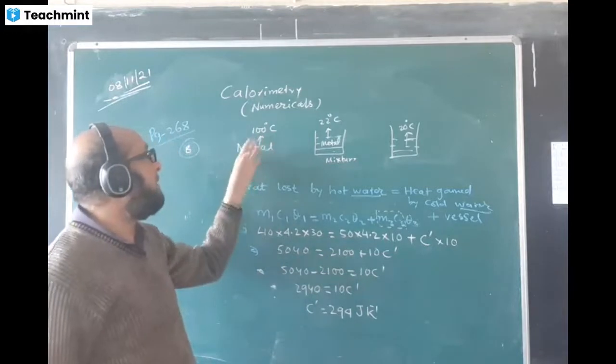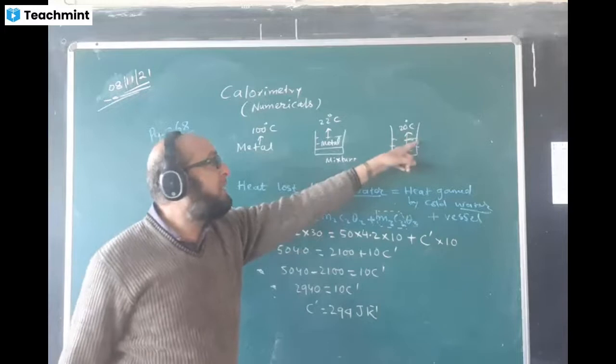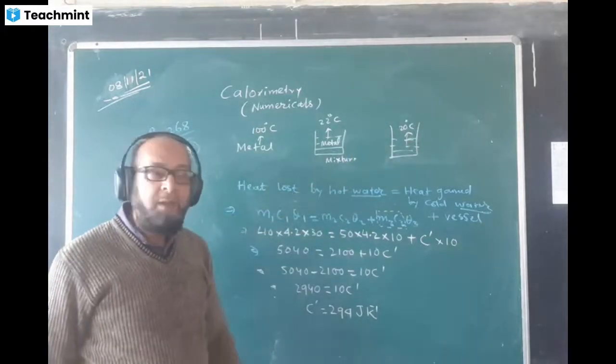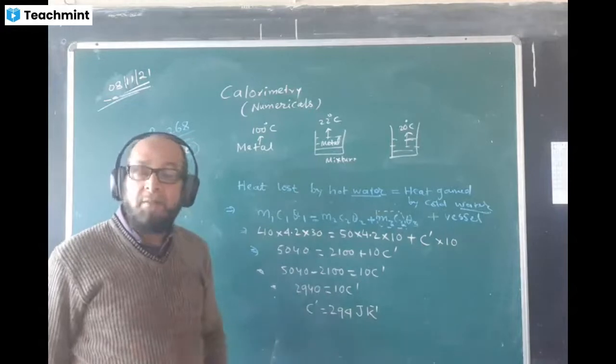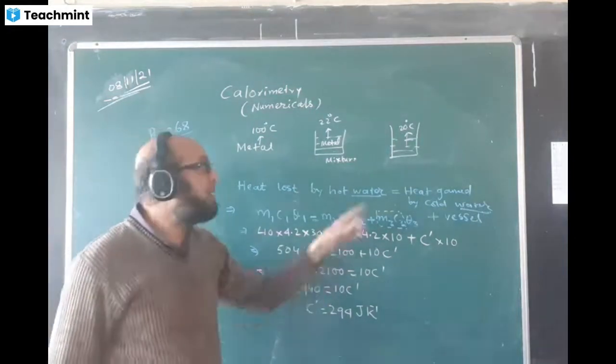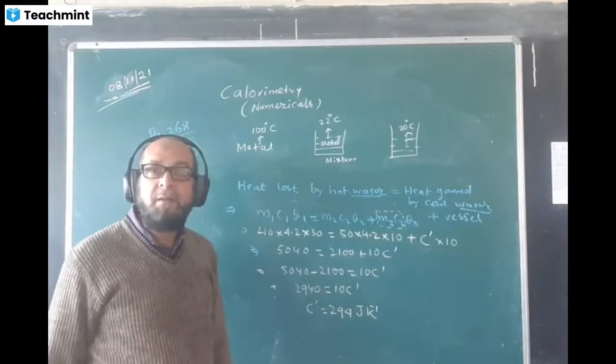Metal temperature is high, so this metal is losing heat, and water as well as calorimeter is gaining it, absorbing it. Because the question is asking to find the SHC of the metal, and the mass of the calorimeter is given, SHC of calorimeter also given.